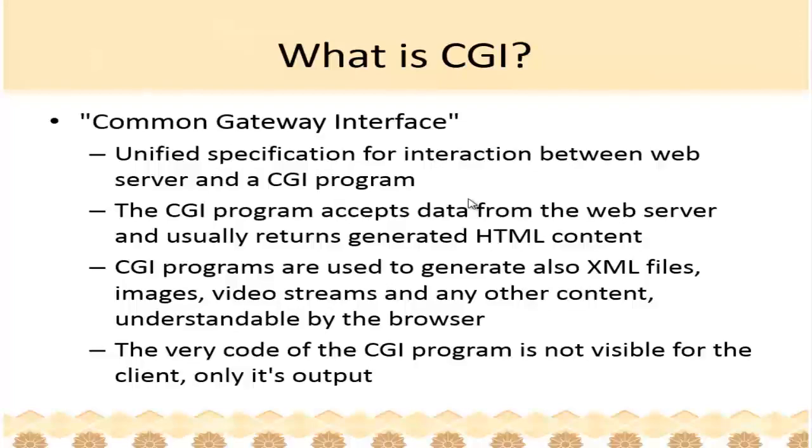I'm not going to go into that territory, but here the things are very simple. When we create the output within a CGI program, the output could be anything that can be passed by the web server. It could be XML, it could be a video stream, or anything. But most of the time, CGI scripts produce HTML output and give it to the server side.